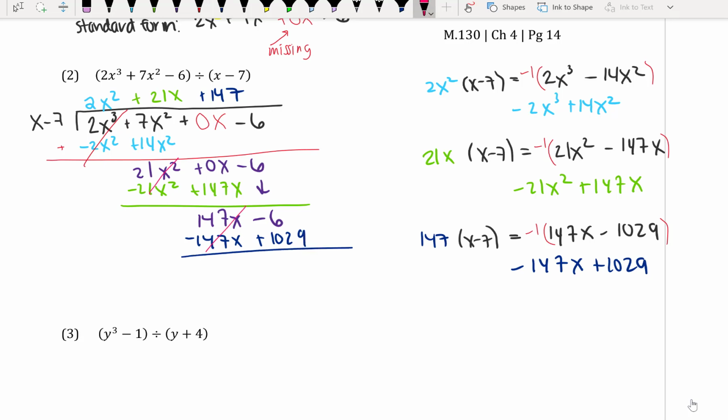So the first terms cancel. If they don't, then that's kind of like telling me you did something wrong. So negative 6 plus 1029 is going to give you 1023.